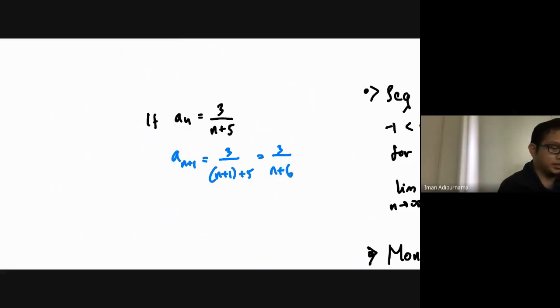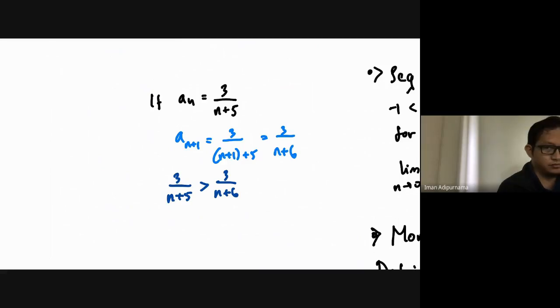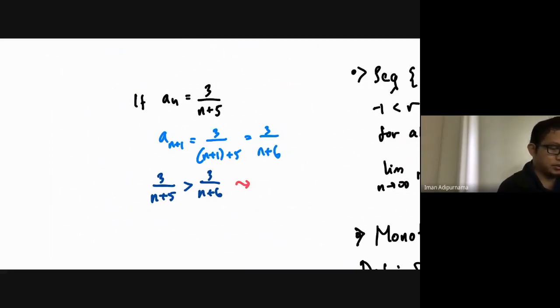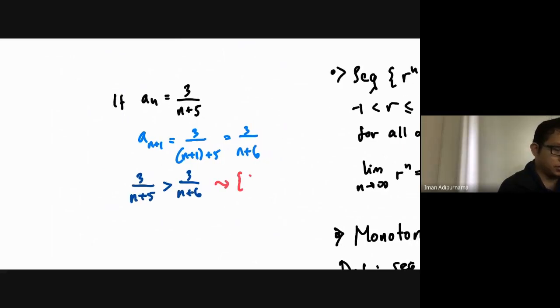Since n plus 5 is smaller than n plus 6, this results in the sequence being decreasing.